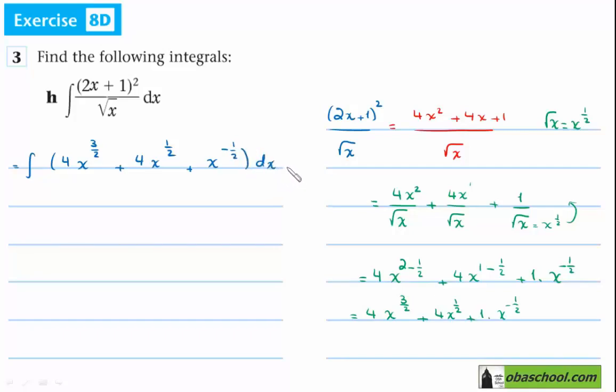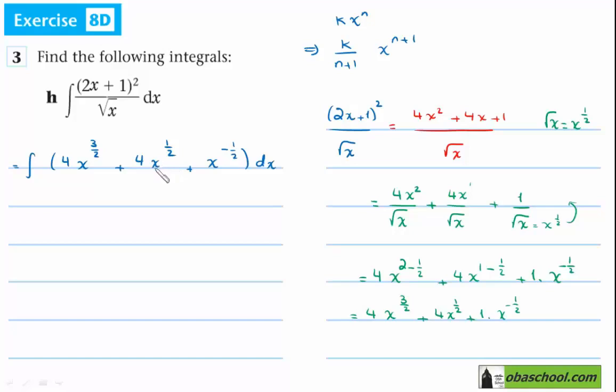Now we can integrate each term in this bracket separately, knowing that the integration of k multiplied by x^n is k over n plus 1 multiplied by x to the power n plus 1. Therefore, straightforward integration for each term.